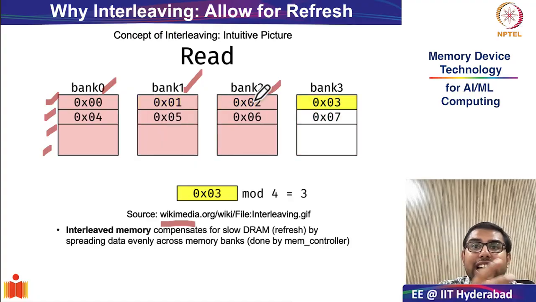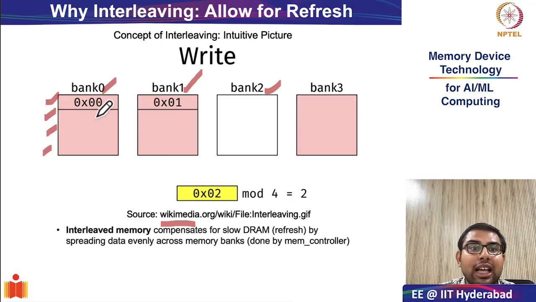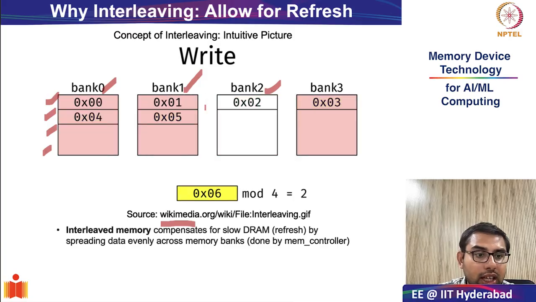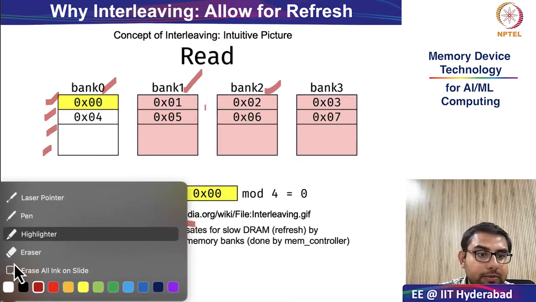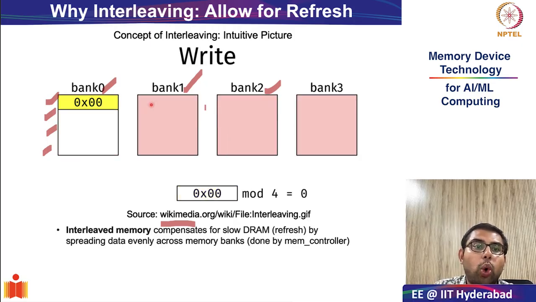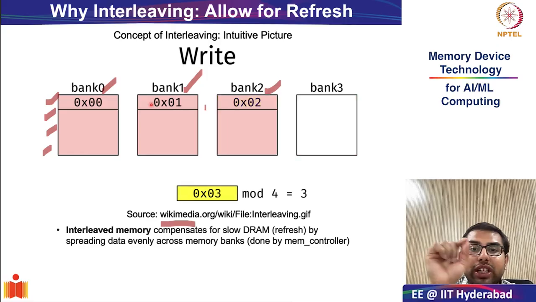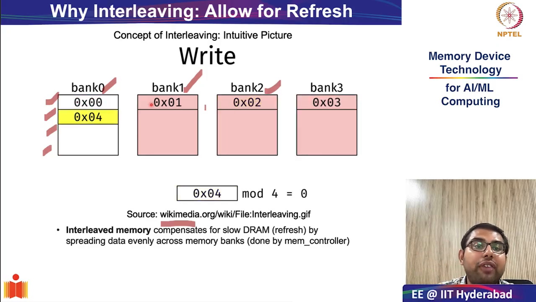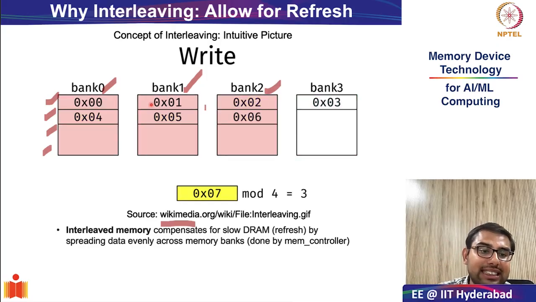So every bank is being refreshed one after the other. So first you see bank 0 was at this instant of time. If I just pause this, if I take a snapshot in time, we will see that at one point of time, only the bank which is white in color is available for read and write accesses.